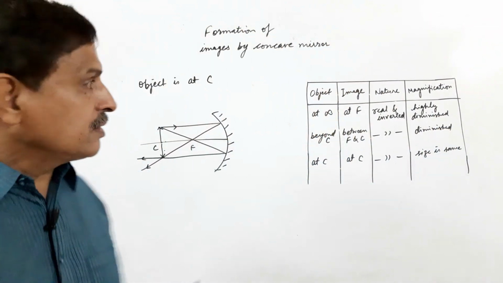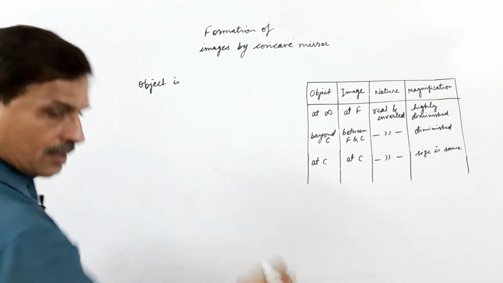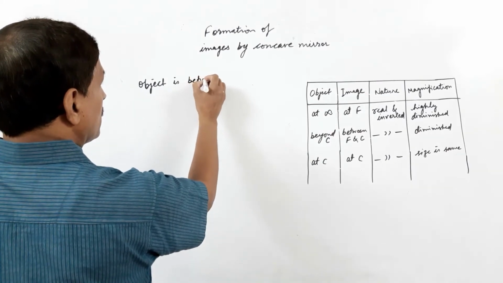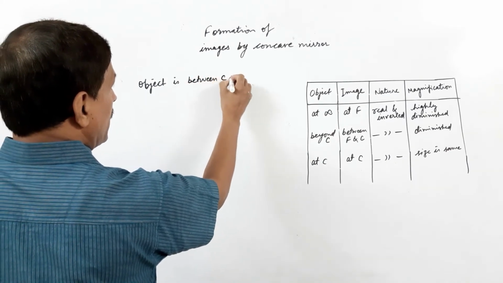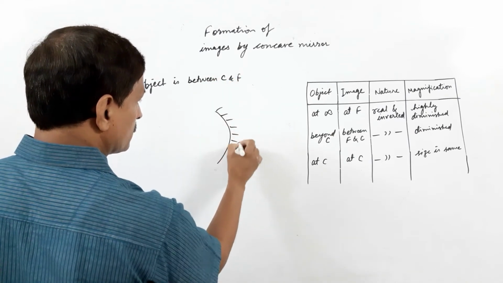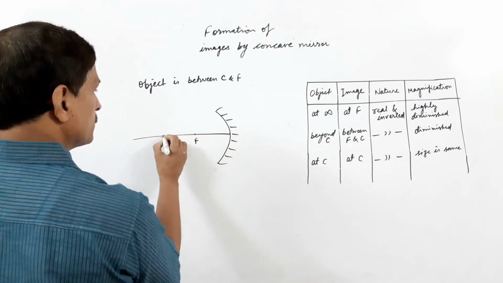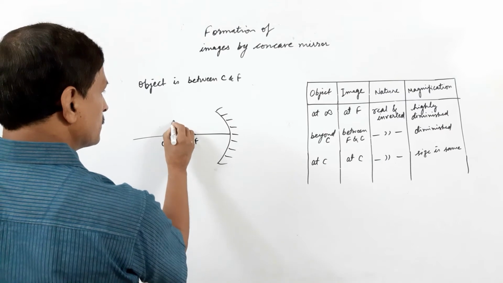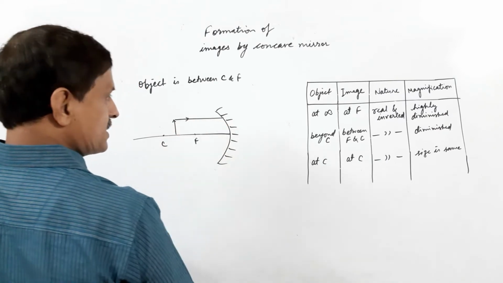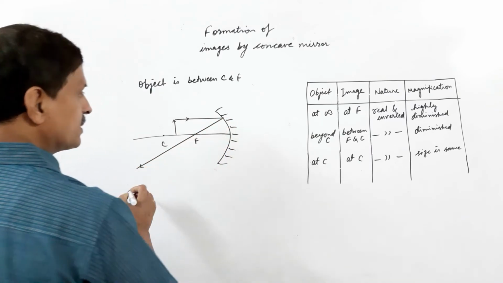Next case is the object is between C and F. First ray parallel to the principal axis, after reflection passes through the focus.